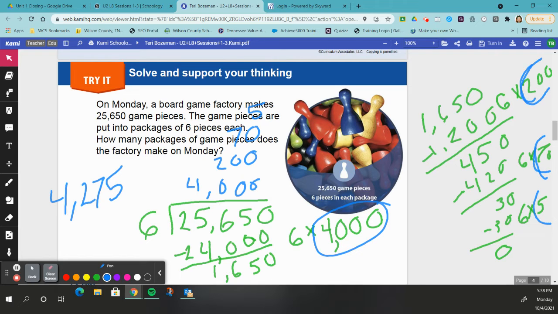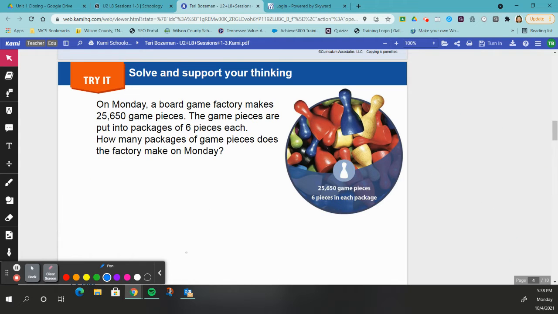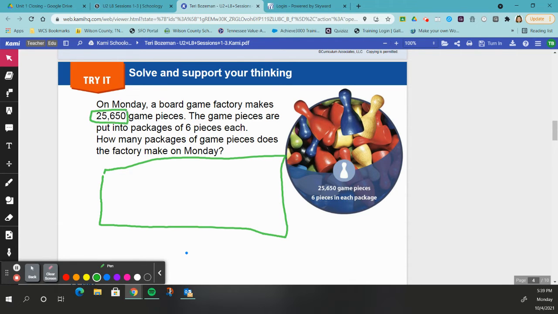There are other ways to work this. Some of you might have used the area model. So area model says that if you have a box and it has an area of 25,650, you would be taking that 25,650 and breaking it into pieces that you could work with.